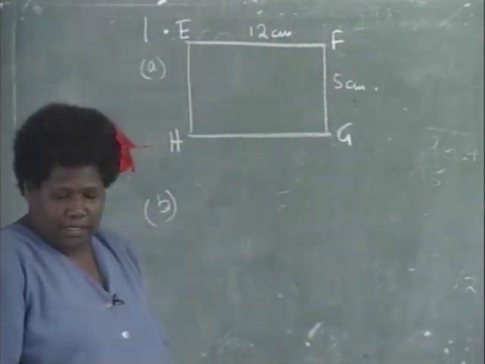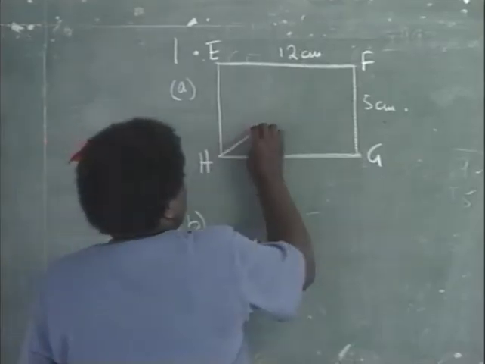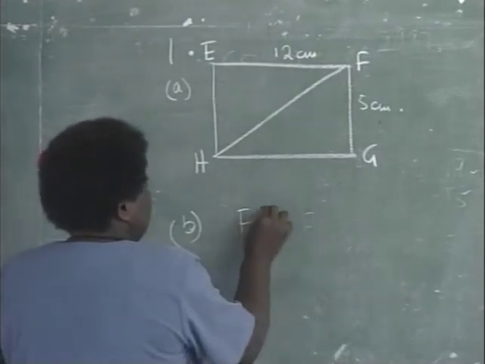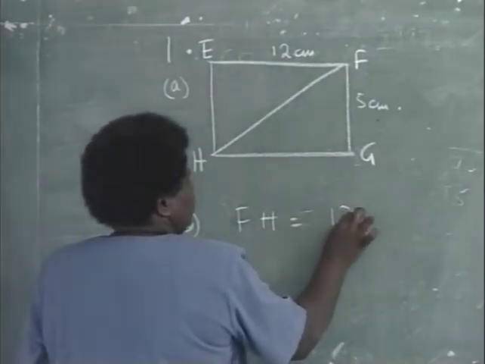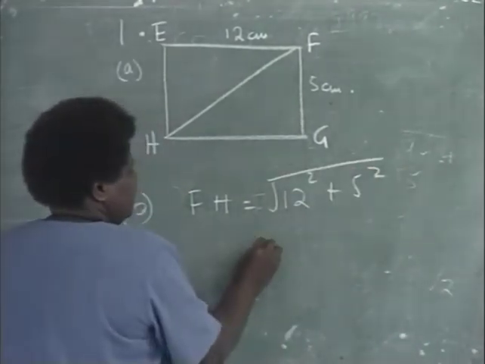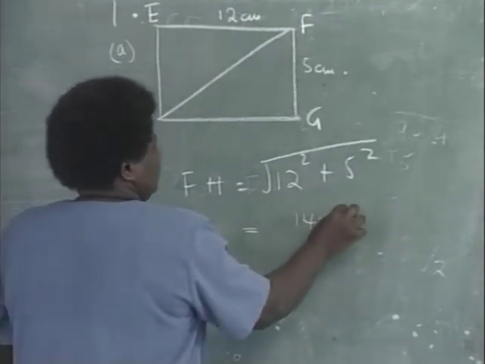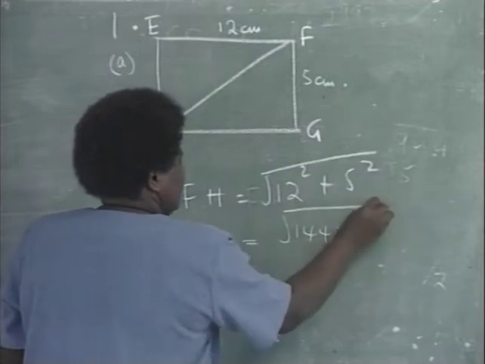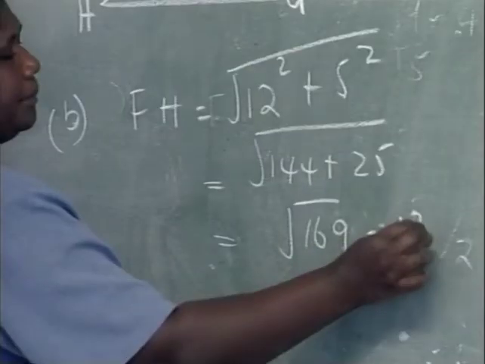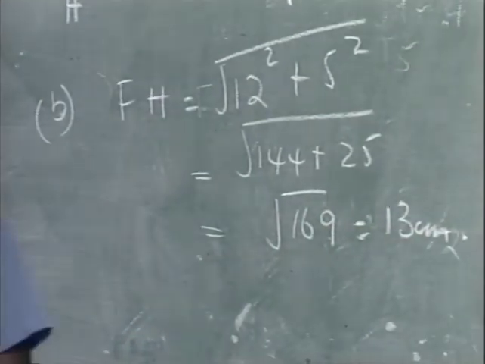Now part B says calculate the diagonal FH of rectangle EFGH. FH is equal to the square root of 12 squared plus 5 squared. That's 144 plus 25 is 169. The square root of 169 is 13. So that's diagonal FH.